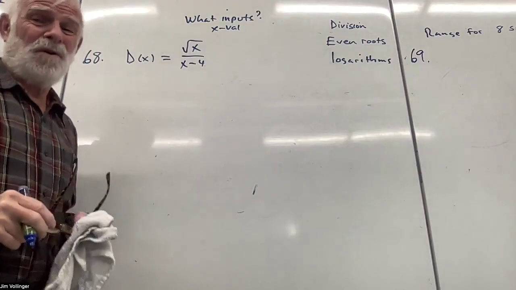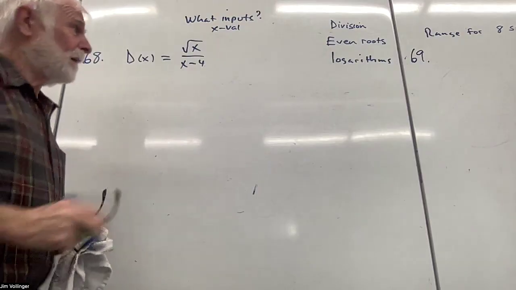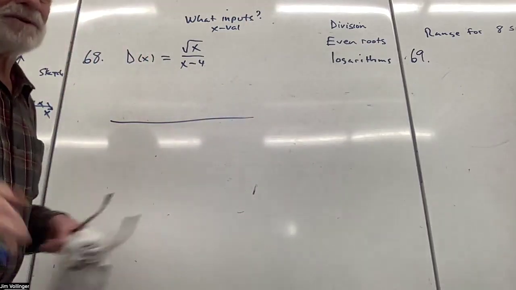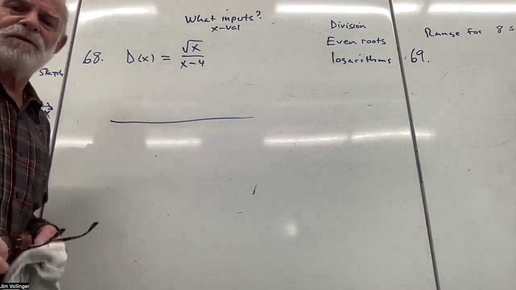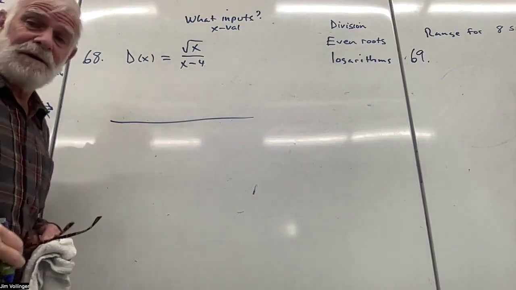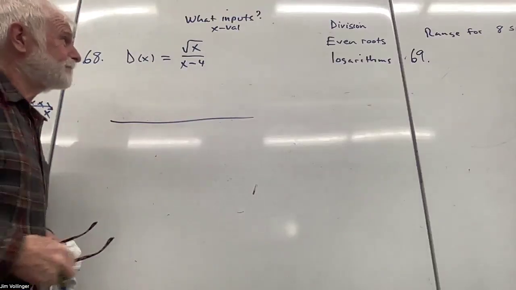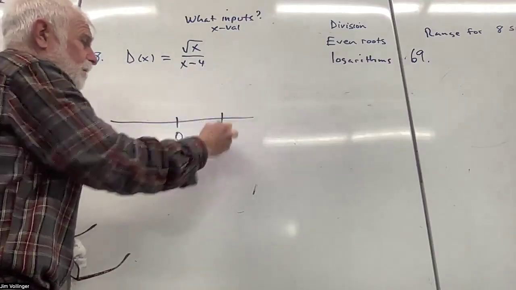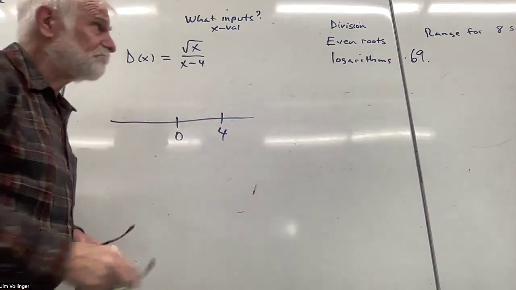So we want to just know the domain is what numbers can we use? And it's really helpful just to get a number line broken up into intervals based on critical values. What are the critical values? 0, critical. 4, critical.